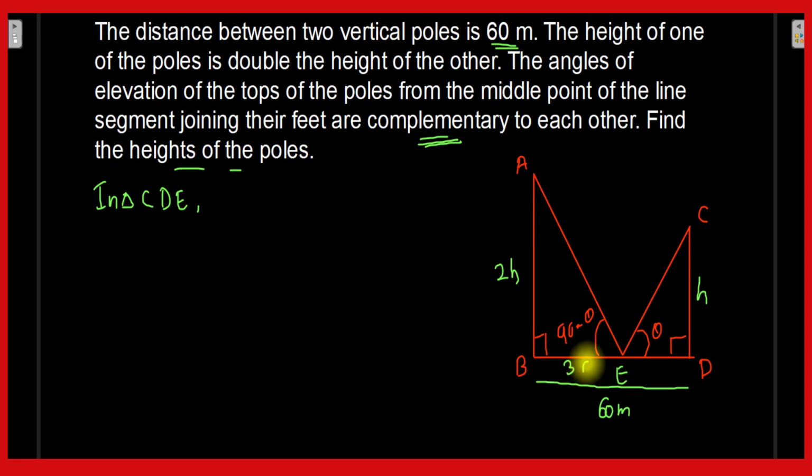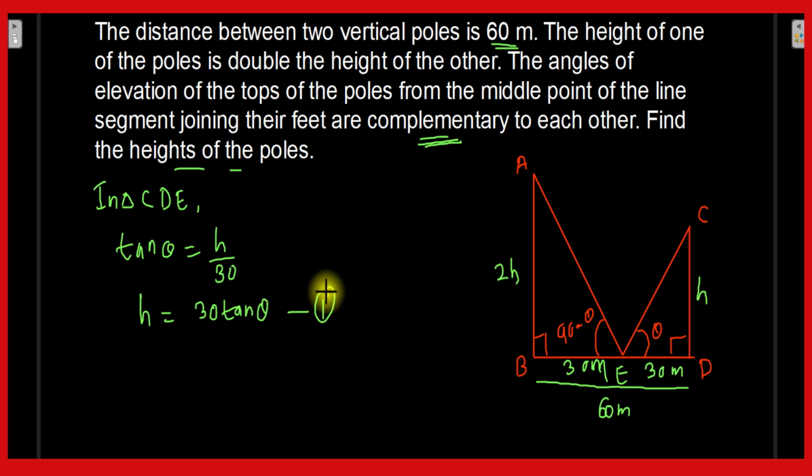So BE will be 30 meter and ED will also be 30 meter. And so tan theta is equal to h upon 30, and therefore h is equal to 30 tan theta. Let this be equation number 1.